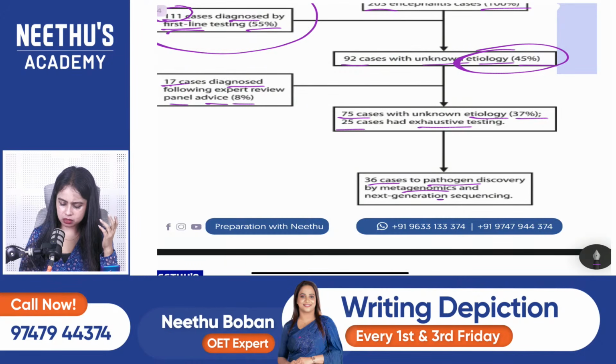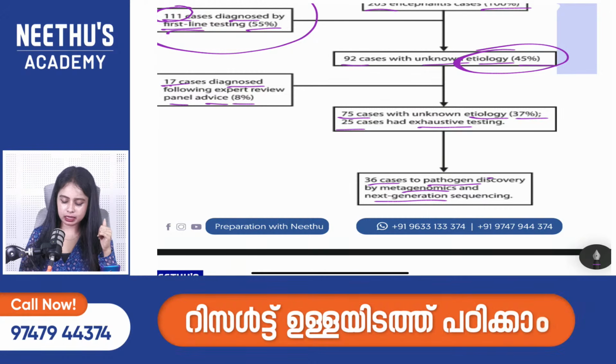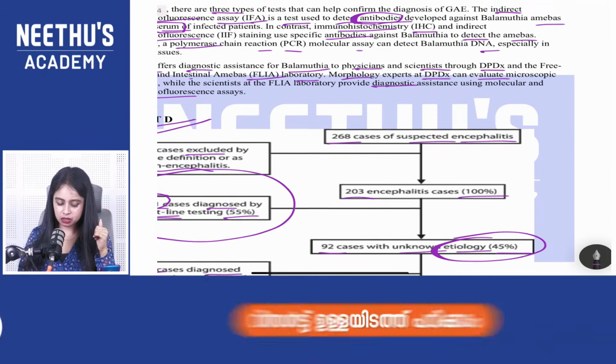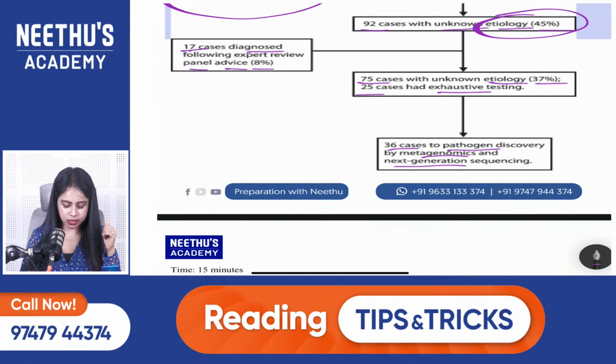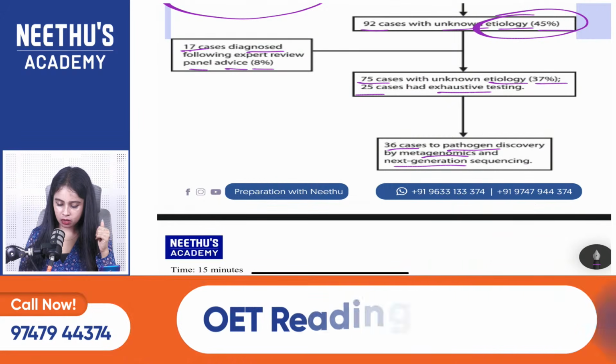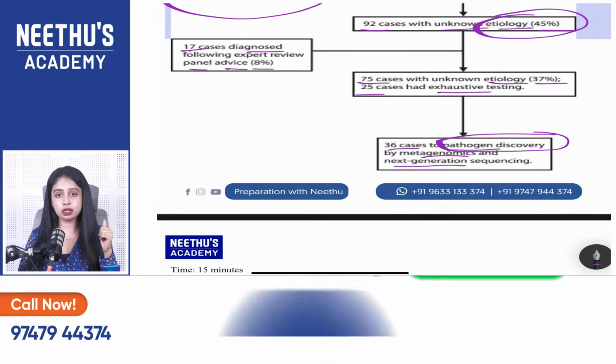Metagenomics, pathogen, next generation sequencing. See? So what is it asking about? The keywords are mentioned here in text D. So what is the correct answer? I think this is the correct answer: pathogen discovery.